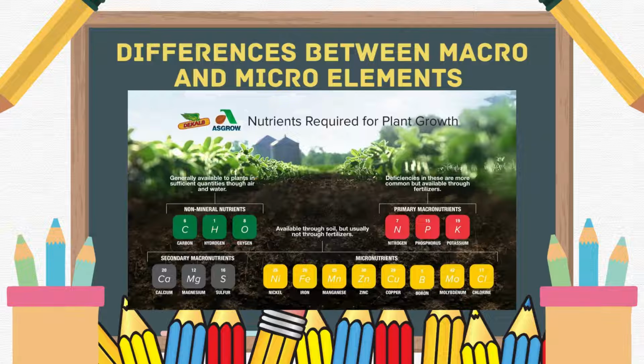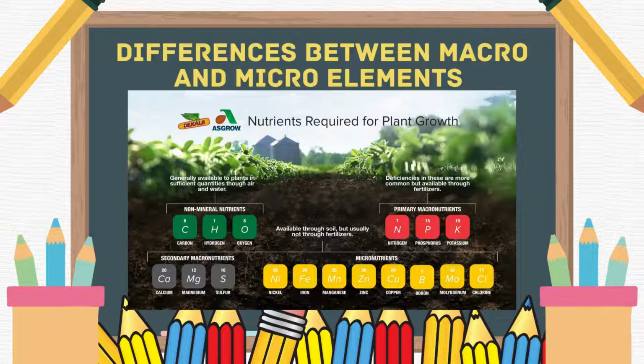That's why they are in red. You know where the danger is. Red for danger. These include nitrogen, phosphorus, as well as potassium. So NPK.